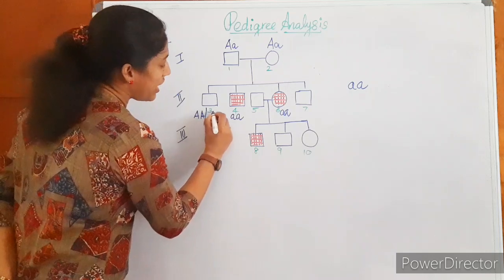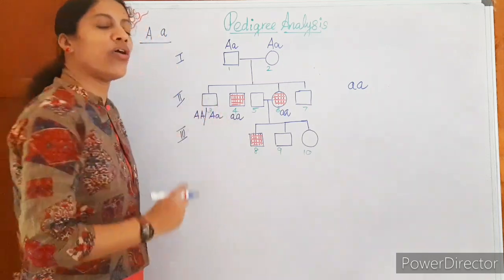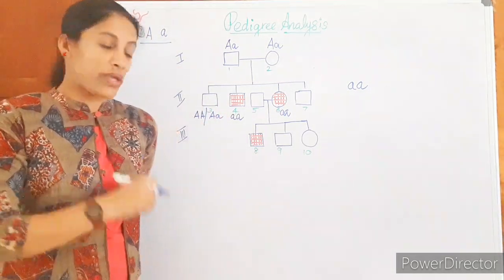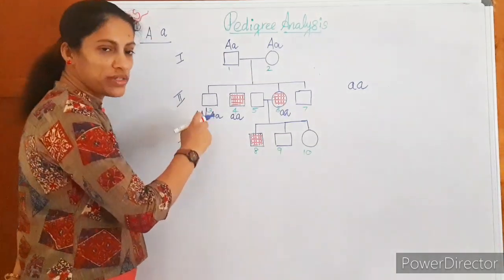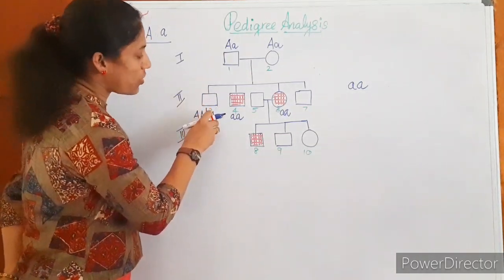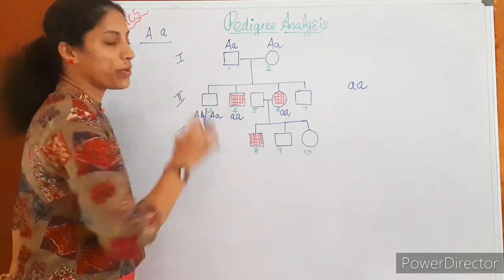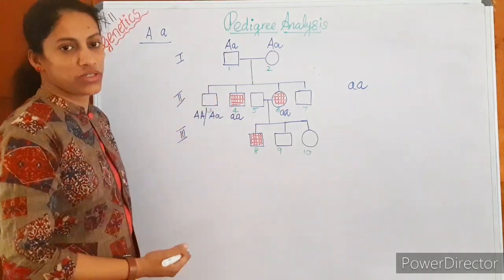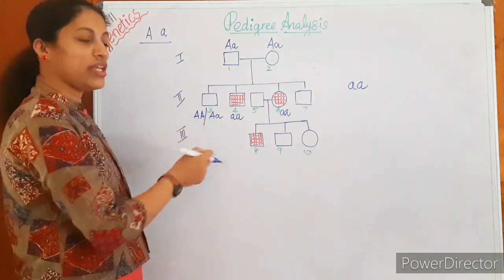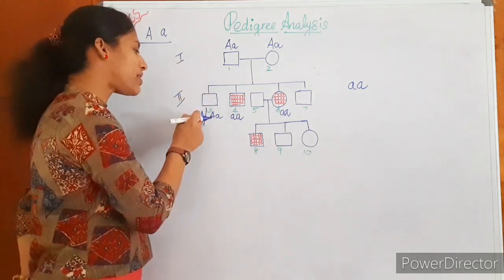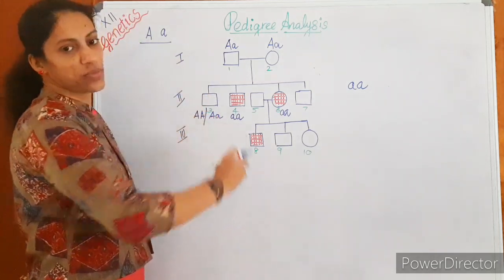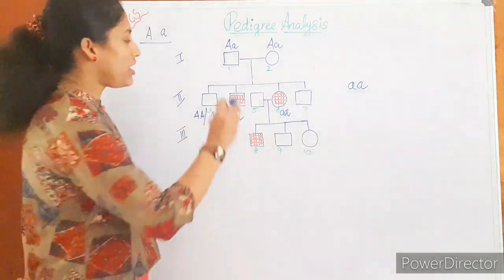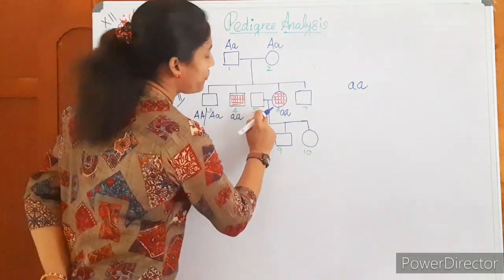It can be either capital A capital A or capital A small a. We cannot predict now; we can get that only from the next generation of this person. If the next generation is given, we can work it out. Now we know only one thing: he may be either capital A capital A or capital A small a. Is it okay?